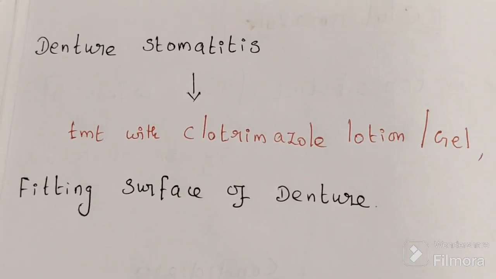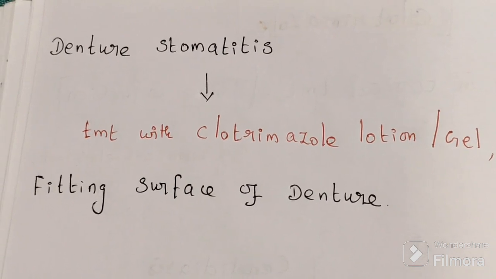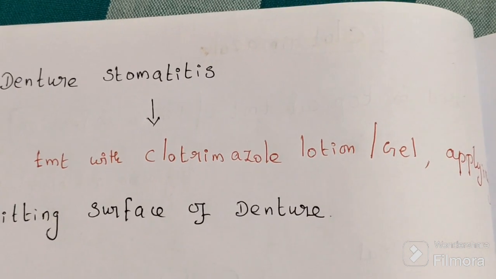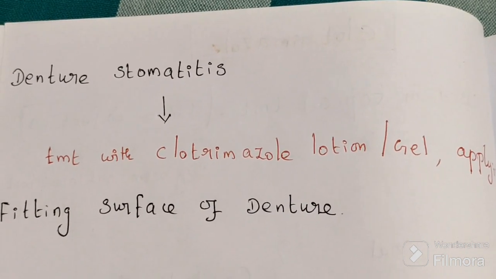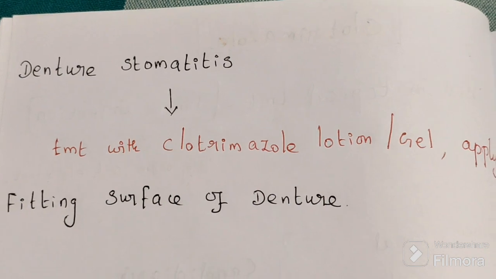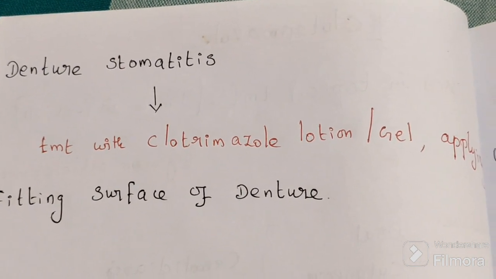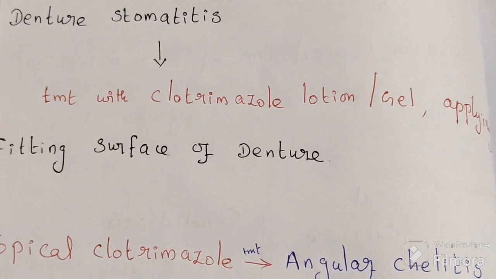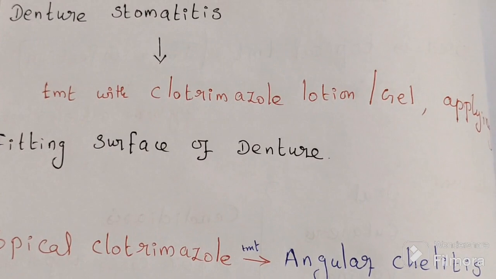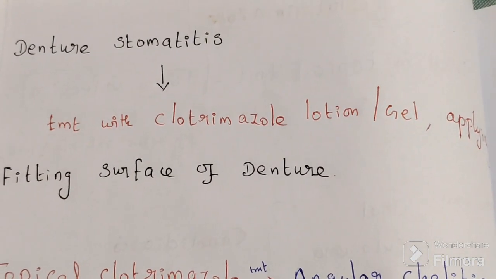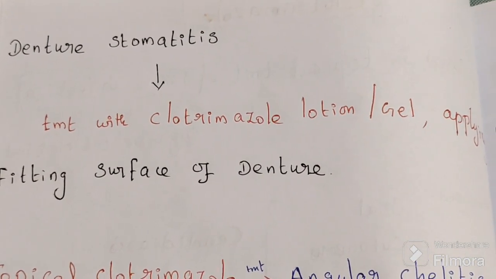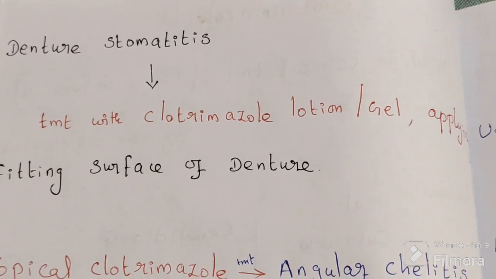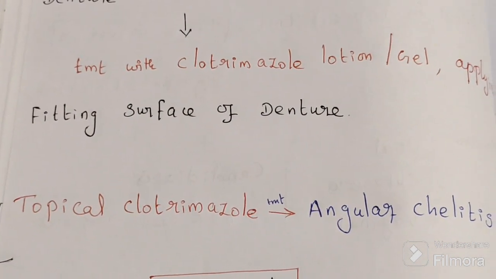Denture stomatitis can be treated with clotrimazole lotion or gel, which is applied on the fitting surface of the denture.